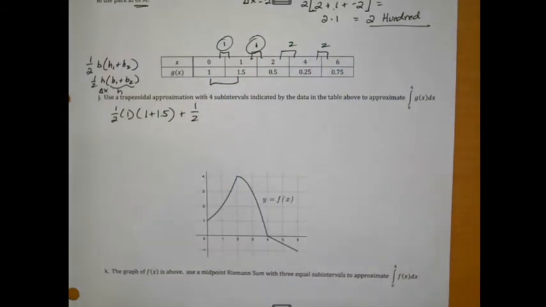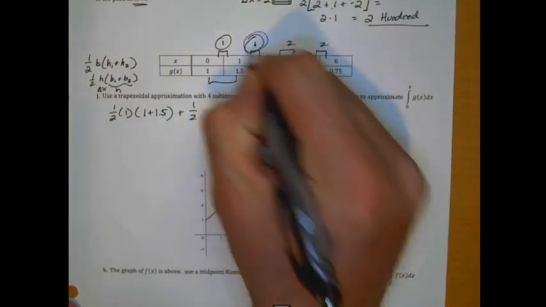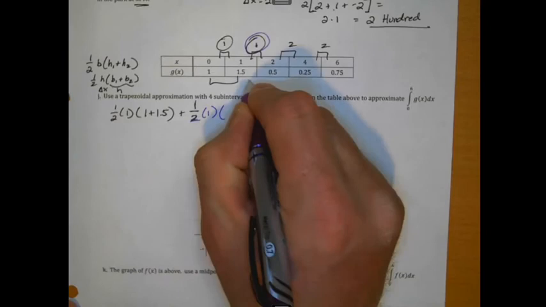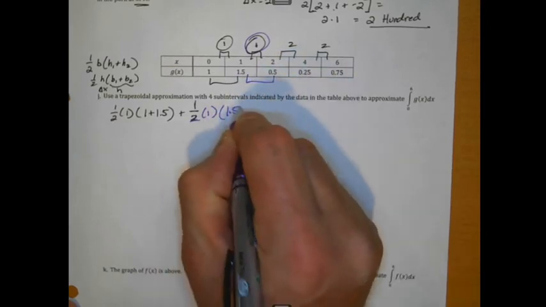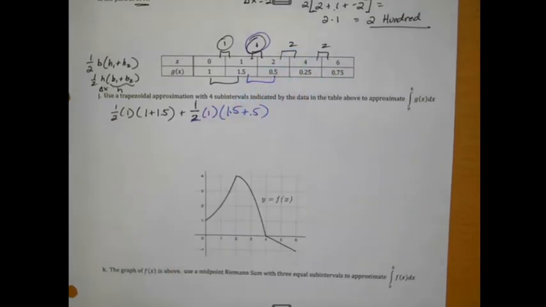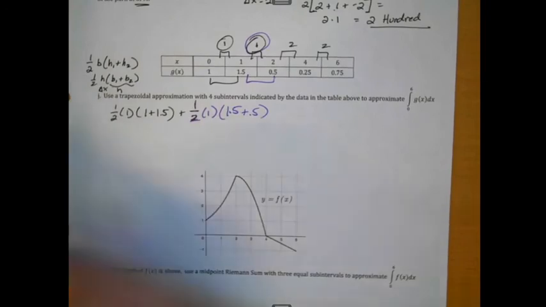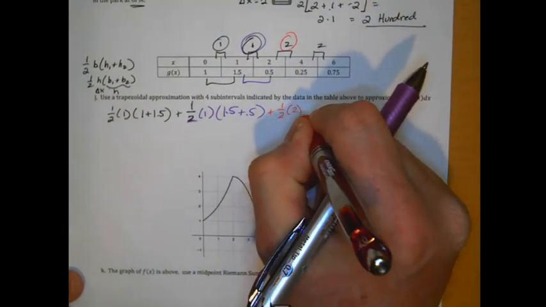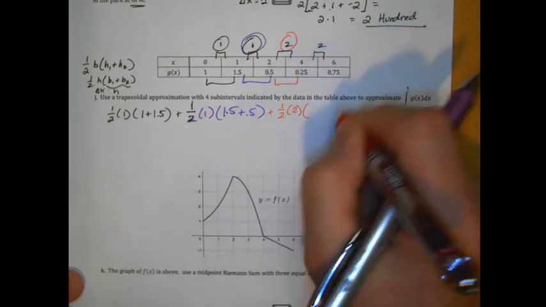Let me change colors here. That'll be good. Take this height, which is 1, and then we're going to add these two together. Then we're going to take our height, which is 2, half of 2, and then we're going to add those two together.